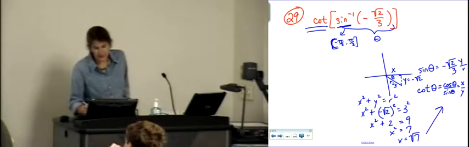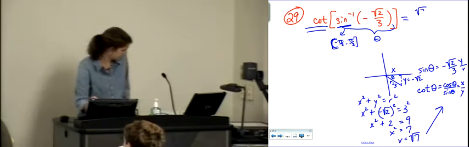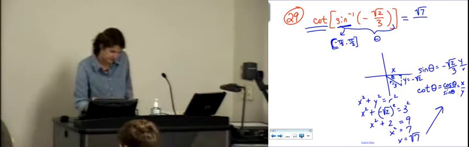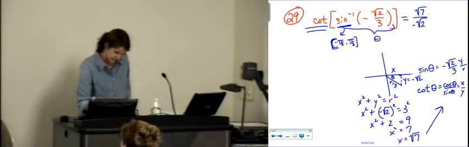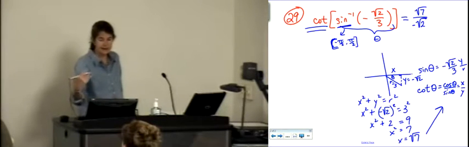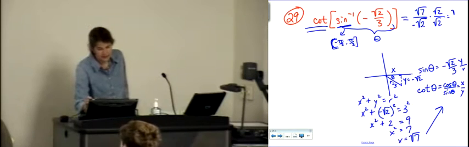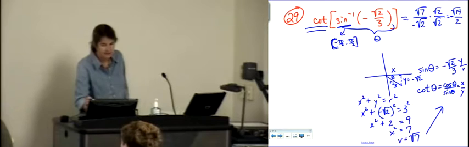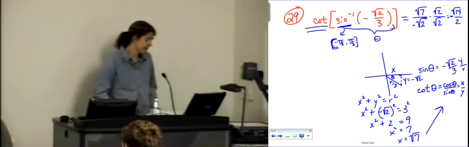So if the cotangent is x over y, what do we get for our answer? x is square root of 7, y is negative square root of 2, and we want to rationalize this, so we multiply by square root of 2 over square root of 2. I get the square root of 14 over 2, and the fraction is negative. So negative square root of 14 over 2.